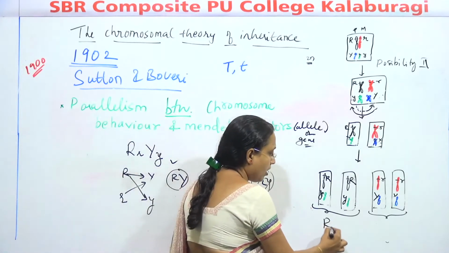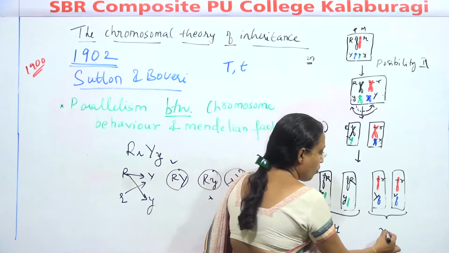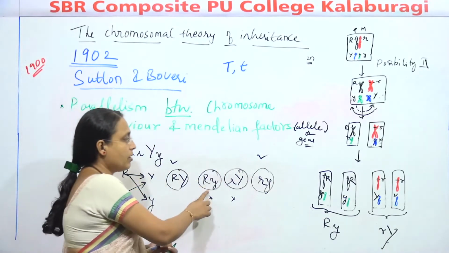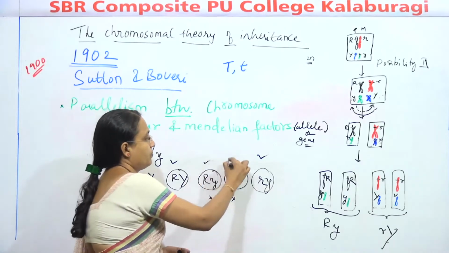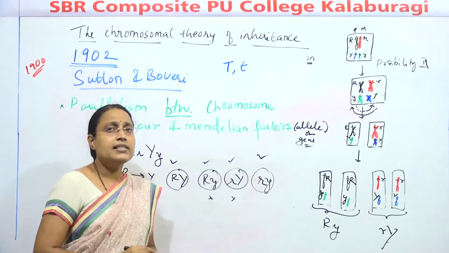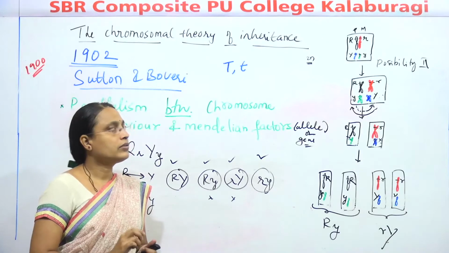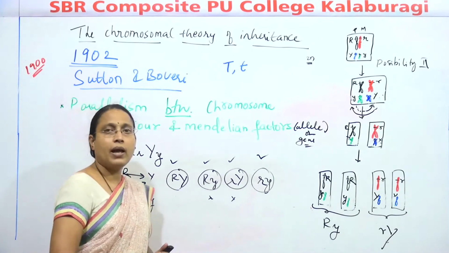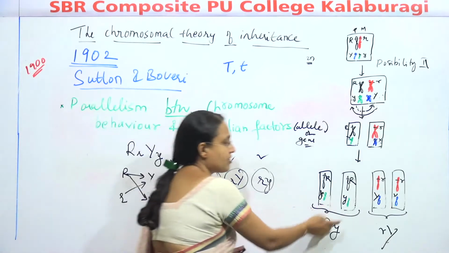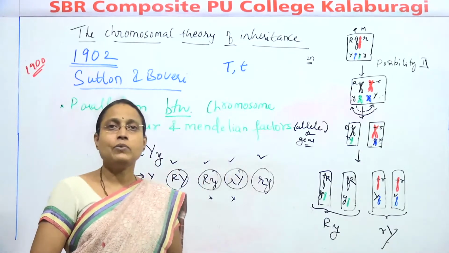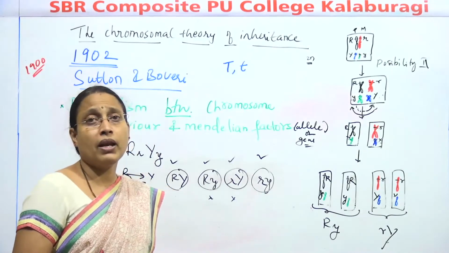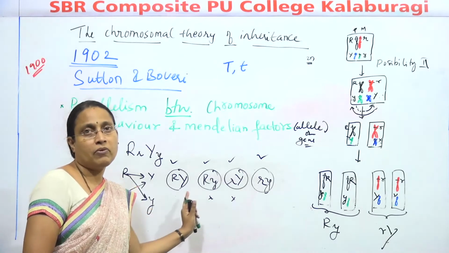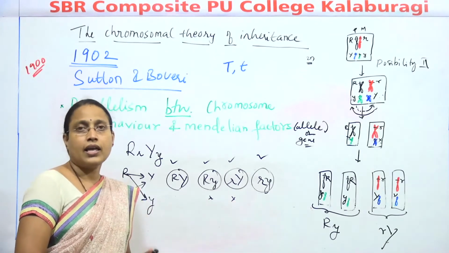What are those? R and small y, small r and capital Y. With this independent assortment, that is possibility 1 and possibility 2, 4 different types of gametes are produced. Both are the same, you are considering only one here. This is very similar to what Mendel assigned as factors for the gametes.